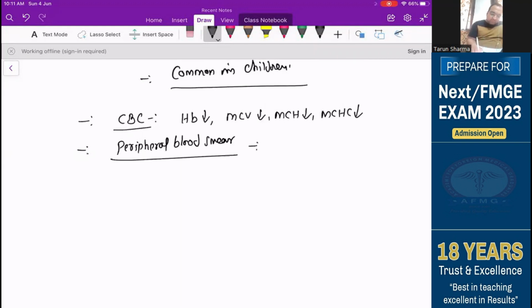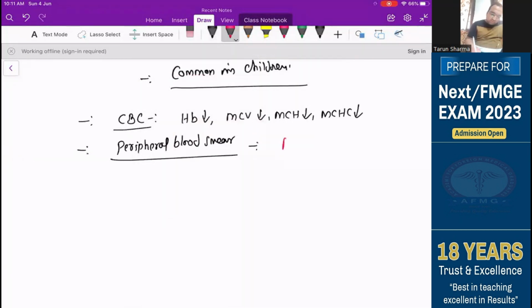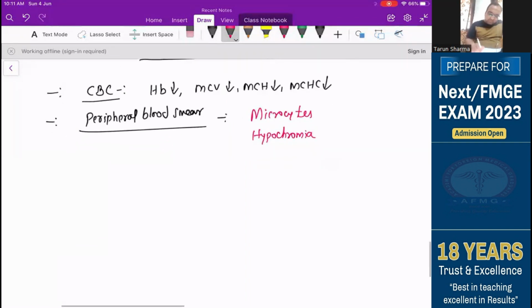On peripheral blood smear examination, what are you going to get? You are going to get the microcytes and the hypochromia. We are also going to see RBCs which are pencil shaped RBCs. That is also a finding of iron deficiency anemia.